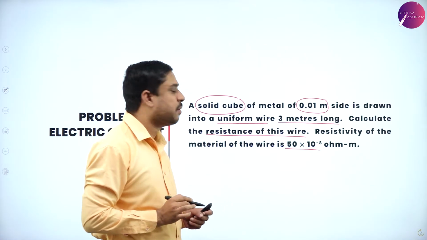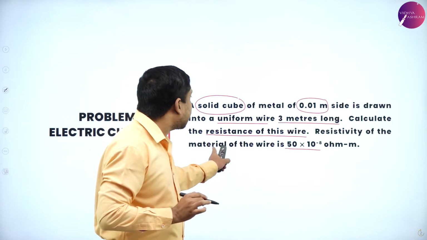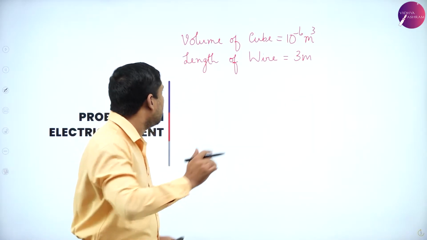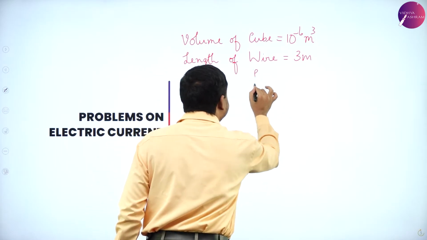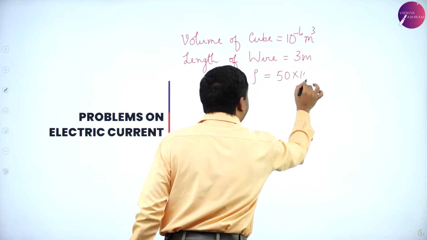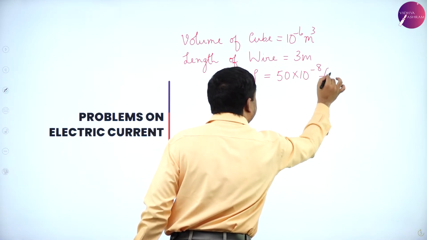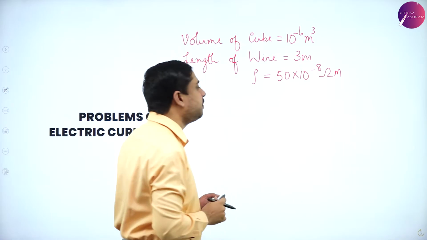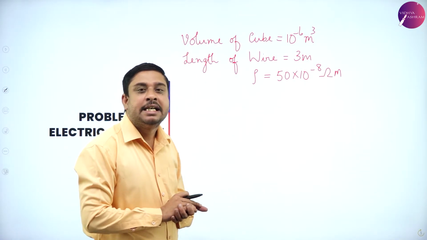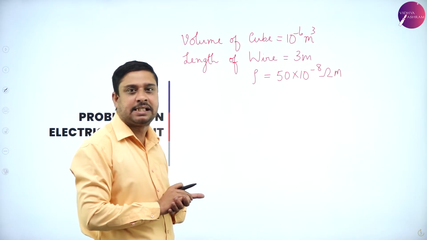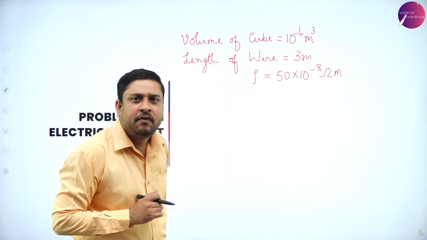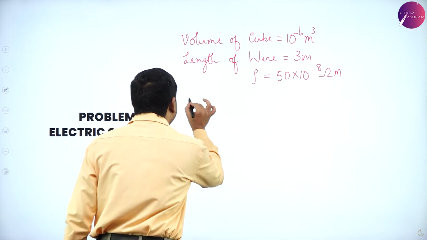What else is given? The resistivity of the material is given. Rho, resistivity, is 50 into 10 power minus 8 ohm meter. I have to calculate the resistance of the wire. Very beautiful to understand.